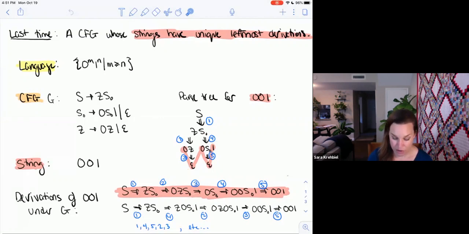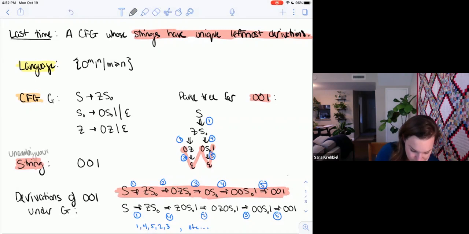So then we have 0 epsilon S naught, and then we'll expand the S naught, and then there are only 2 more things to do, and they have to be in that order. So because this string has only one parse tree, it also only has one leftmost derivation, and for that reason, we're going to call it an unambiguously generated string.